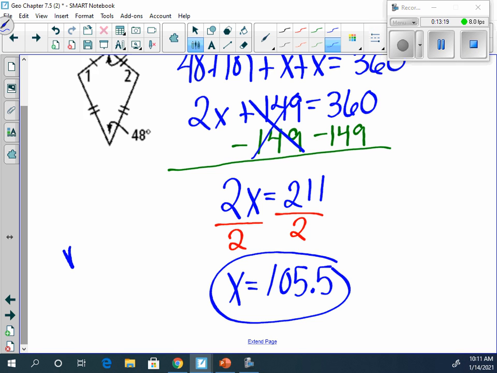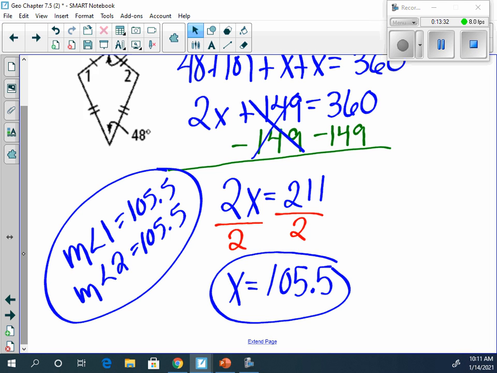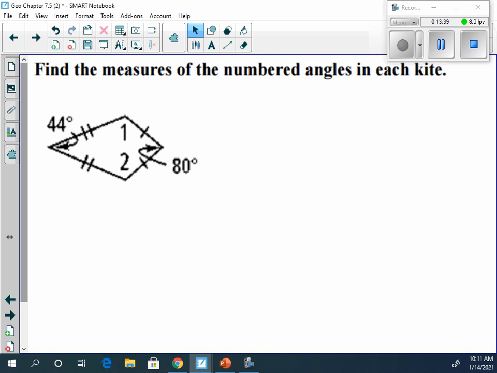If this were on a test, we would specify angle 1 is 105.5 degrees, and the measure of angle 2 is 105.5 degrees. They're going to be the same. There's nothing really restricting us from having an angle with a decimal. That's perfectly fine.